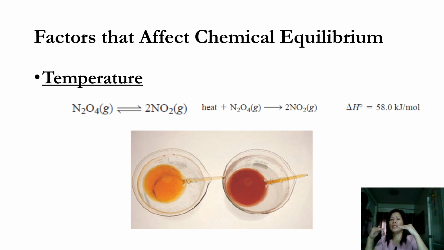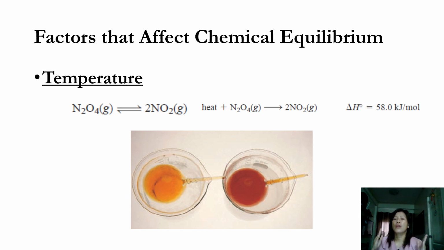So if you increase heat, then you are putting stress on the right side. Again, if the reaction is exothermic, you see plus heat on the right side of the chemical equation. So for the right side to relieve the stress, the shift of equilibrium must be towards the left side, or the reactant side, to re-establish equilibrium.